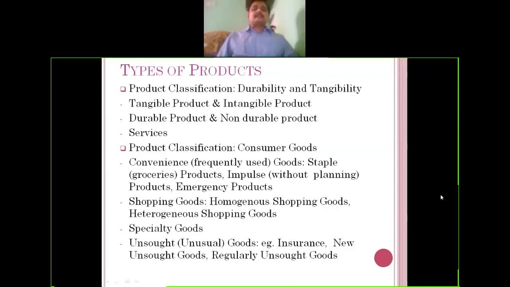Maybe I can take a simple example: unsought goods like insurance. Yes, insurance is one of the examples. Is it a new unsought or a regularly unsought good? It is regularly unsought because for many years people have been paying insurance premiums, correct?